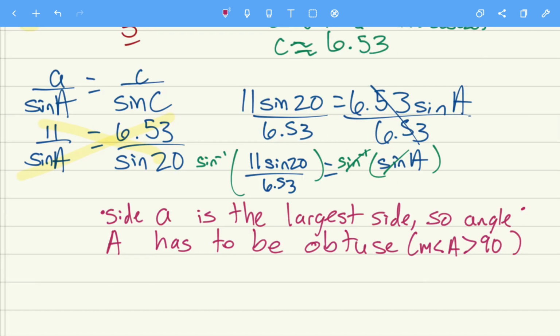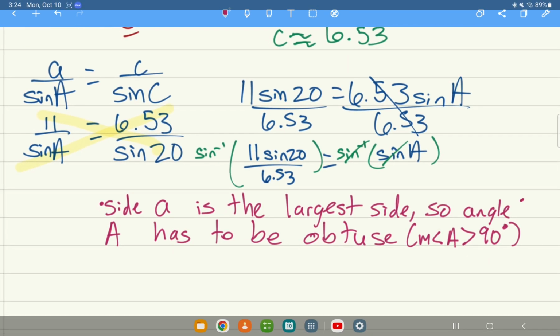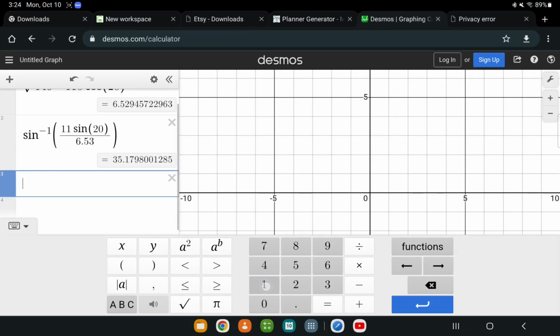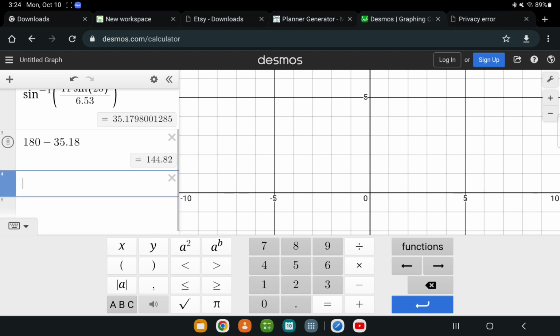Because side a is the largest side, angle A has to be obtuse, which means greater than 90 degrees. To figure out the obtuse angle, we will just do 180 minus 35.18, which gives us 144.82.